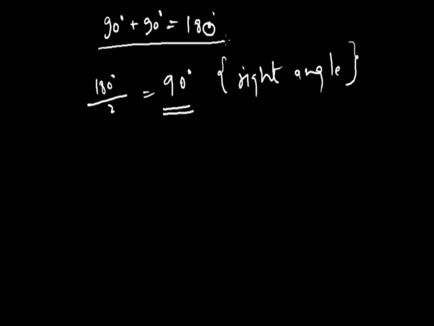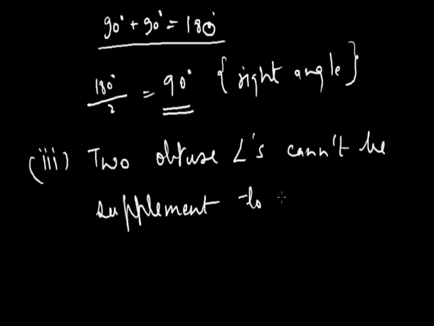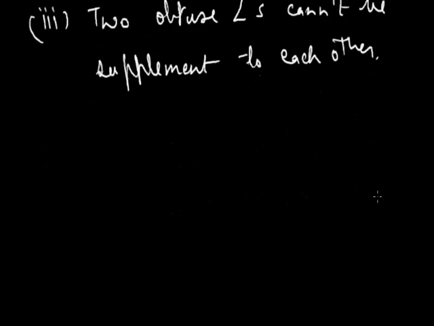You can verify this. The third point being that two obtuse angles cannot be supplement to each other. What is the definition of obtuse angles? As you know, obtuse angles are those angles whose measure is less than 180 degree but greater than 90 degree.